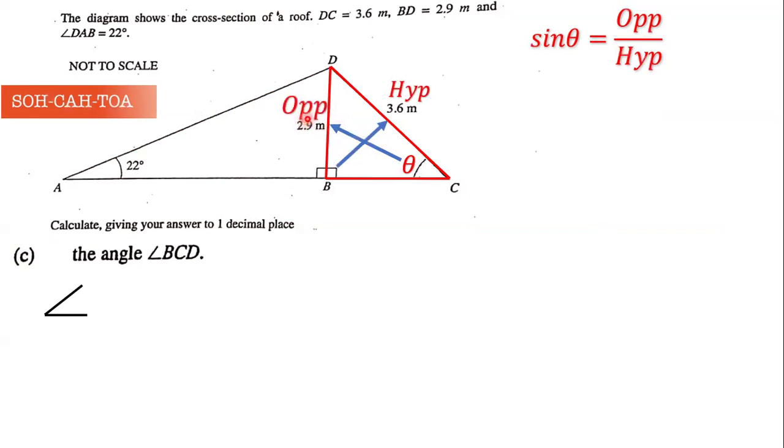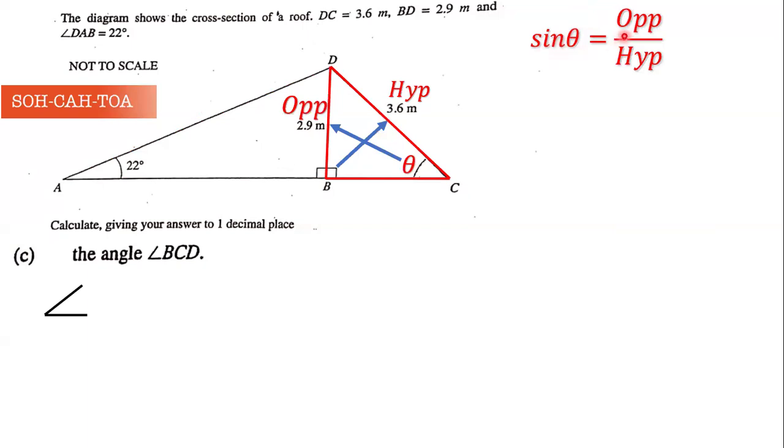The side that's opposite the right angle, we call that the hypotenuse, and this side, BC, well, that is the adjacent. Now, we need to figure out what this angle is. We know the opposite side and we know the hypotenuse. The opposite is 2.9, the hypotenuse is 3.6. And so we're going to use the sine ratio.